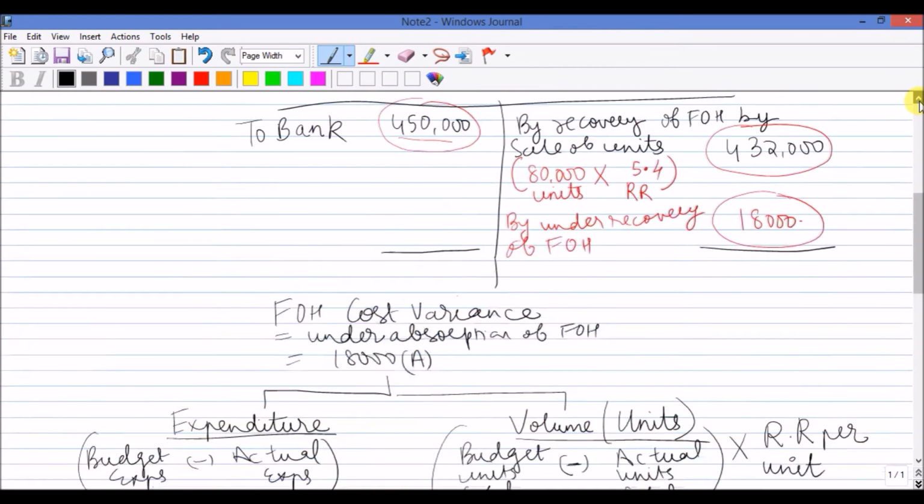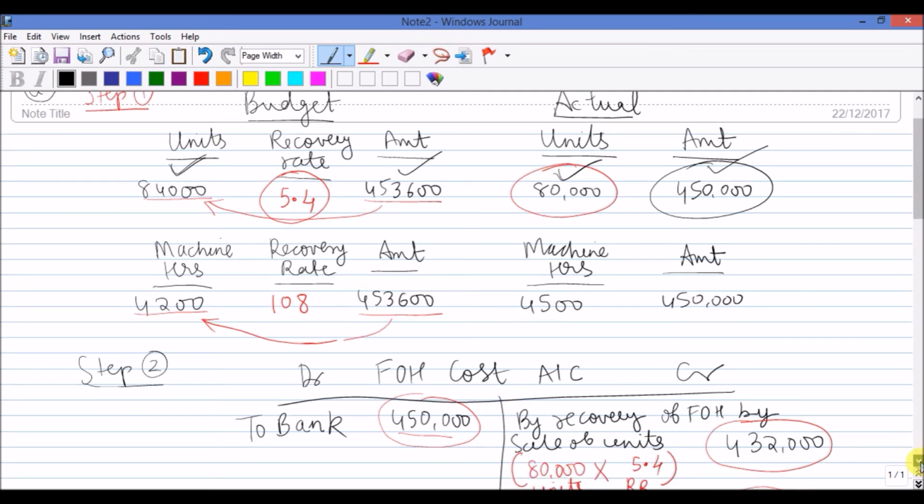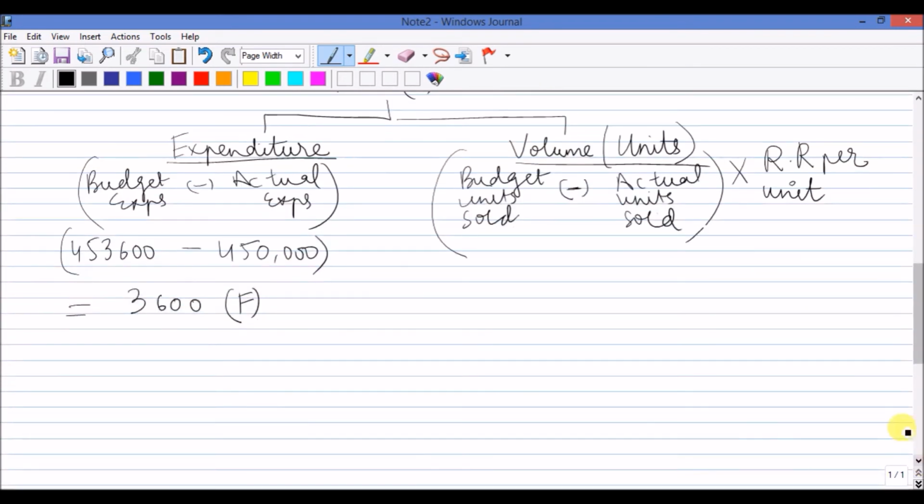So you thought how many units you are going to sell? You thought you are going to sell 84,000 units, and in reality you have sold just 80,000 units. It means you have sold less number of units.